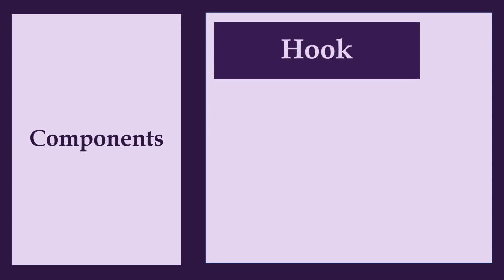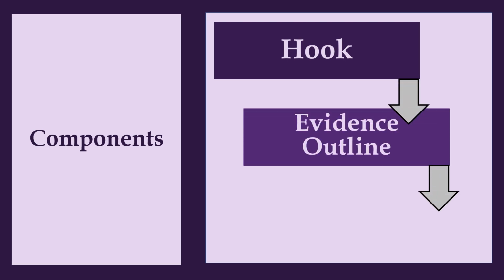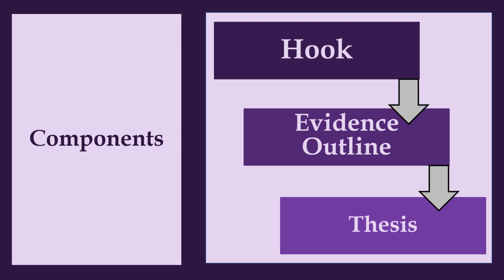There are three key components to your introduction. The first is your hook, which should be an engaging line that establishes your topic and elicits the reader's interest. This is followed by an outline of your evidence, and then finally a thesis statement. The hook is a nuanced process, and there's many different options that you can use to grab your reader's attention.